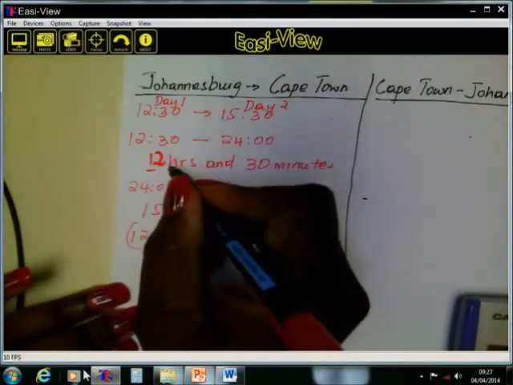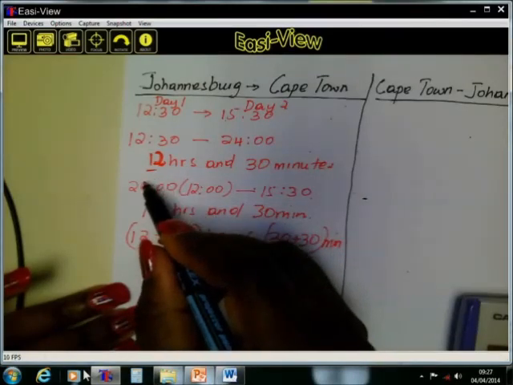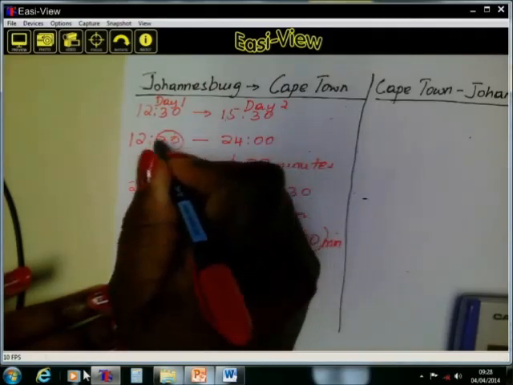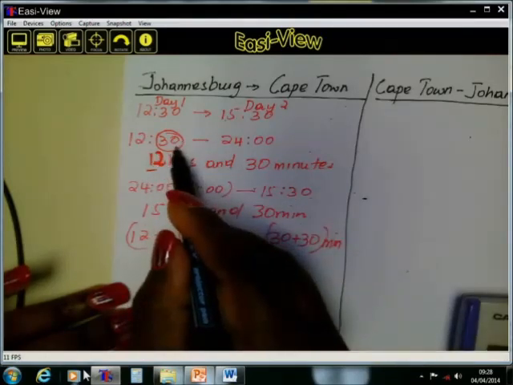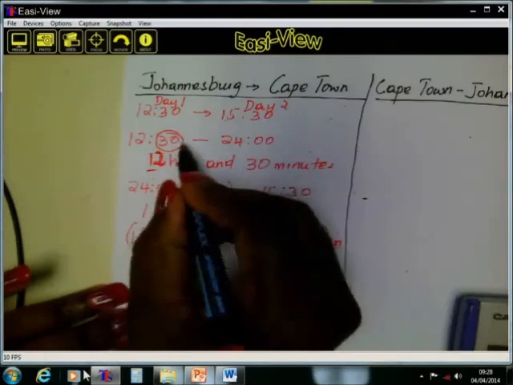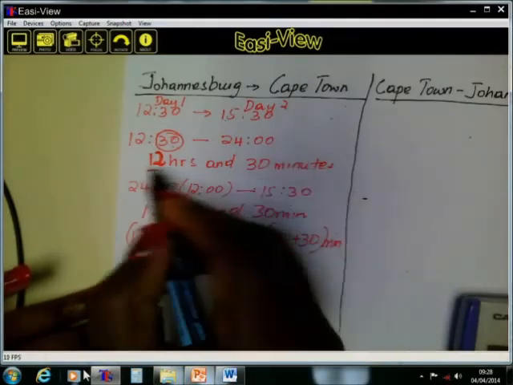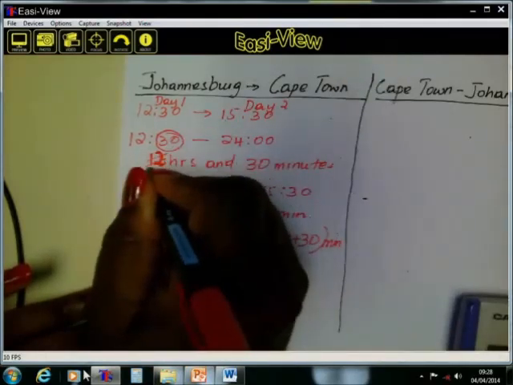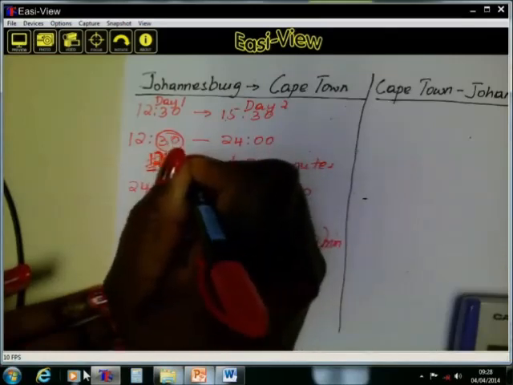Let's go back again to our counting. When we counted, 12:30 is an extra of 30 minutes. So in other words, from 12:30, I was correct the first time. From 12:30, let's correct this, to 24 hours, it will be 11. I apologize about that one. It will be 11 hours.